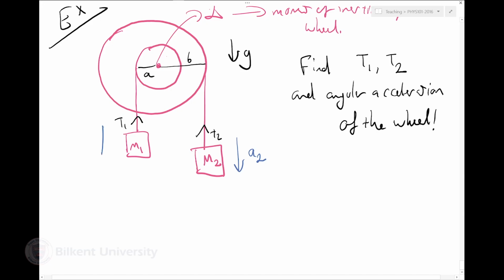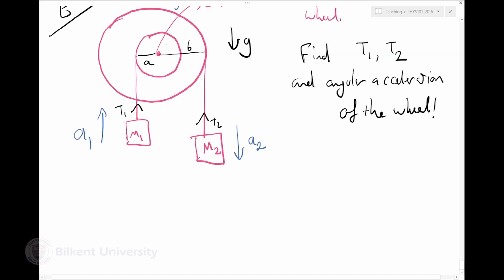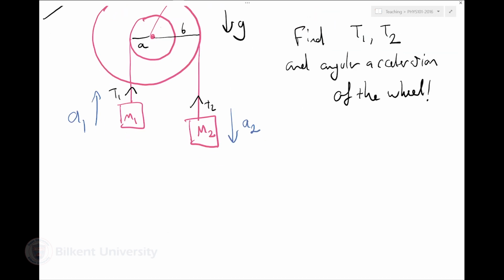M1 is going up with some acceleration A1. And this wheel is rotating with some angular acceleration alpha, okay? I'm making these directions up. If at the end of the day I'm wrong, I'll just find negative numbers, right? That's how it worked. So, free body diagrams, as always.